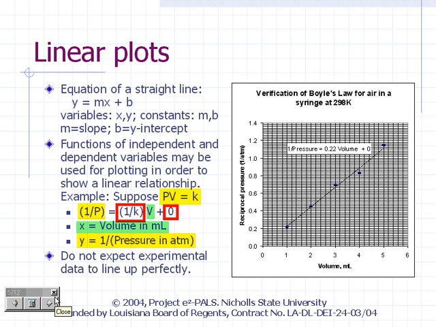In other words, 1 over pressure is equal to a constant times volume plus another constant. This means if we let y equal 1 over pressure and x equal volume, then the plot of y versus x would show a linear trend. This is illustrated in the graph shown here. Note that because of experimental errors, we generally do not expect experimental data to line up perfectly, and it would not be possible to draw a straight line through each and every point in our graph.